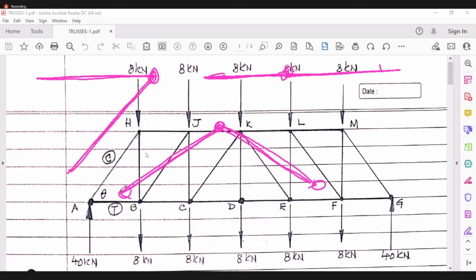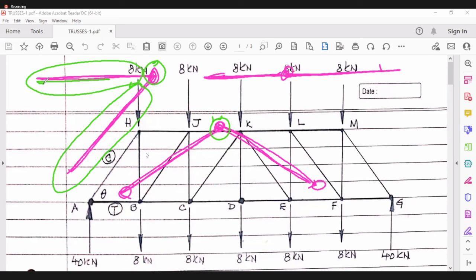And here there is no force acting. If no force is acting over here, then this element and this element, both of them must be having zero force. Do you agree with me?